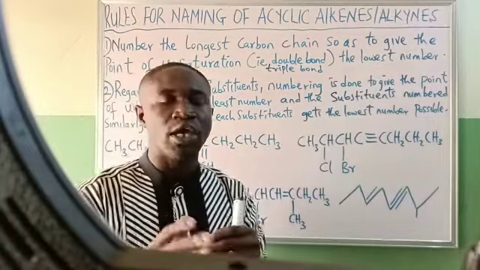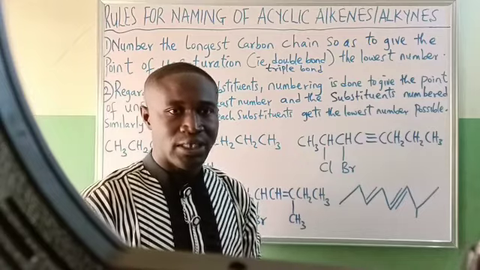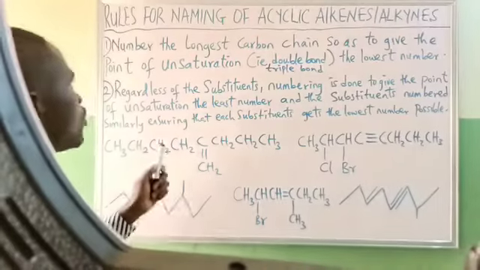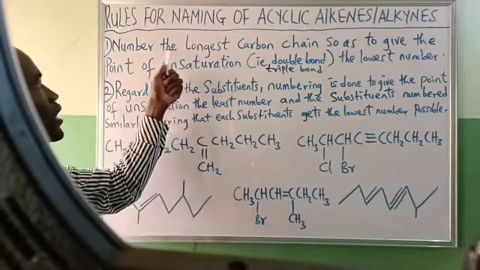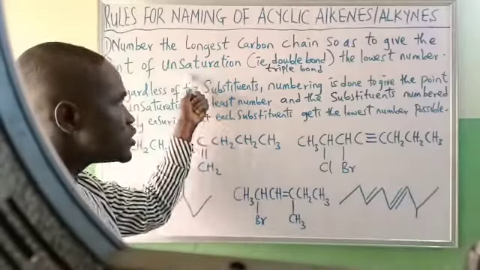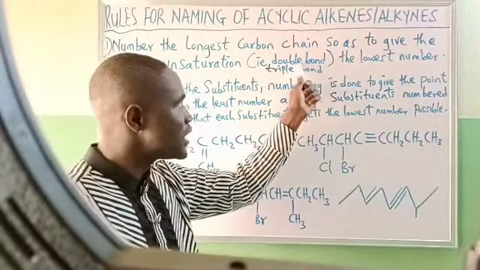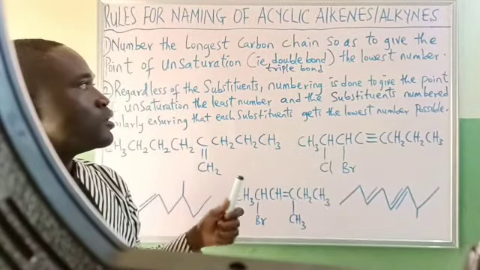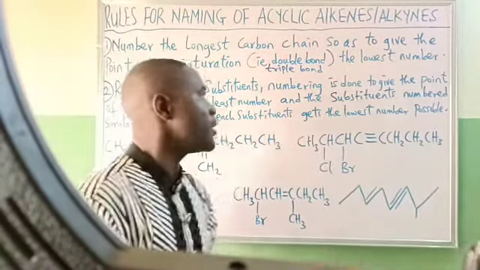That is, they can go into reaction very easily. So let's see how to name them. Rule number one says number the longest carbon chain so as to give the point of unsaturation, either the double bond or triple bond, depending on what you have, the lowest number.